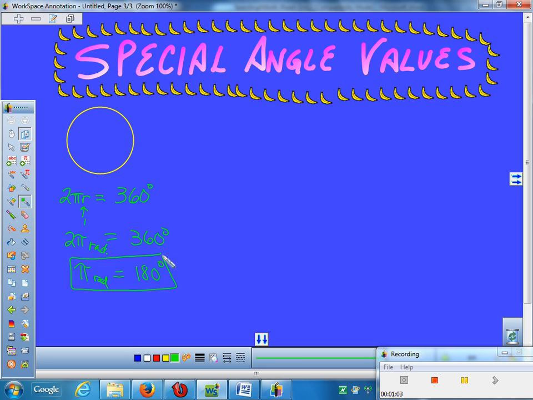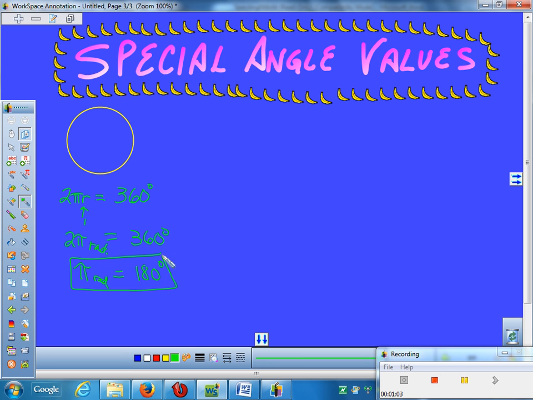Pi over 3 would be 60 degrees. And pi over 2 would be 90 degrees. So when you're working with angles, if you're working in radians and the angle has a 6, a 4, a 3, or a 2 on the bottom, you know it's one of those special angles.